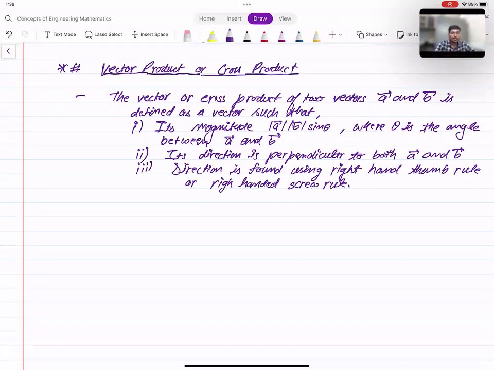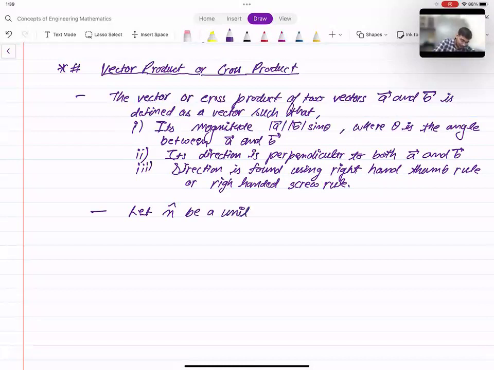Okay. And suppose now we need to write this entire thing in the form of a mathematical expression. Then we will need the magnitude, which we see can be written as A B sine theta. We also need the direction. So suppose n cap represents the direction which is normal to both vector A and vector B. Then let n cap be a unit vector.